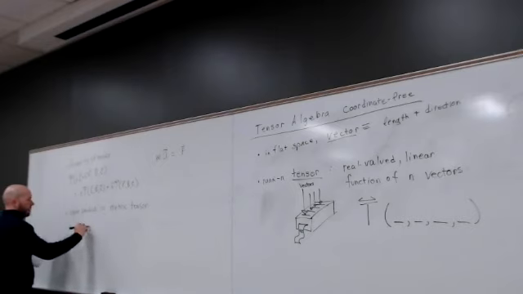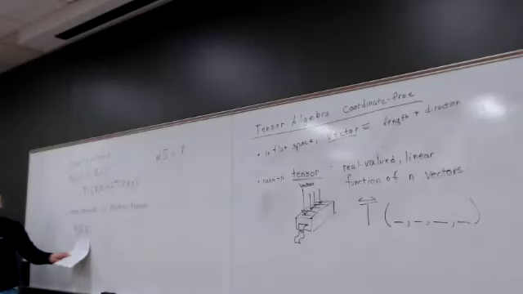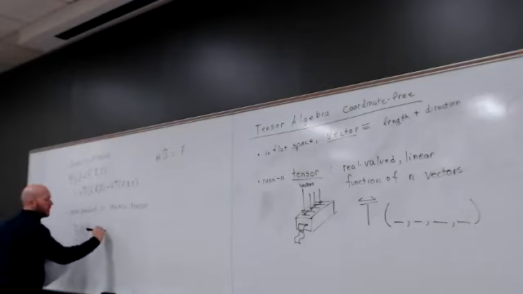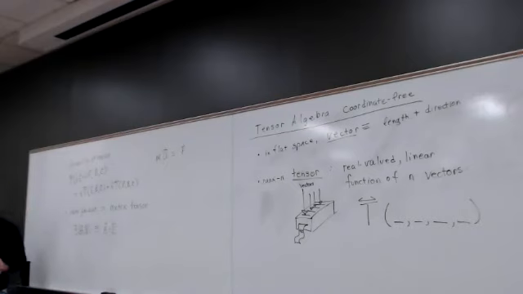A, B, all right? So in particular, the metric is a rank 2 tensor. It is a linear function of 2 vectors. If I stick vectors A and B in there, by definition, this is A dot B. That is how we define a metric.